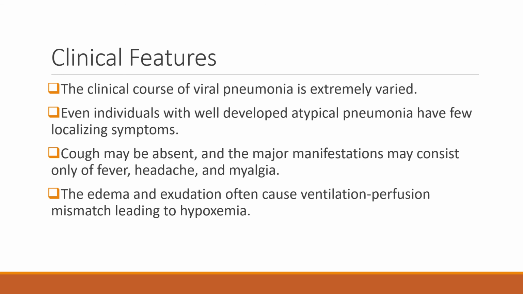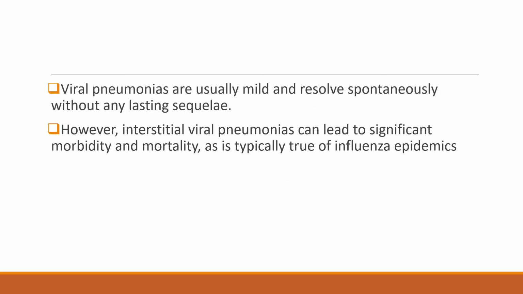The edema and exudation often cause ventilation perfusion mismatch, leading to hypoxemia, that is decreased oxygen concentration. These viral pneumonias are usually mild and can resolve spontaneously without any lasting sequelae. However, interstitial viral pneumonia caused by the influenza virus leads to significant morbidity and mortality.